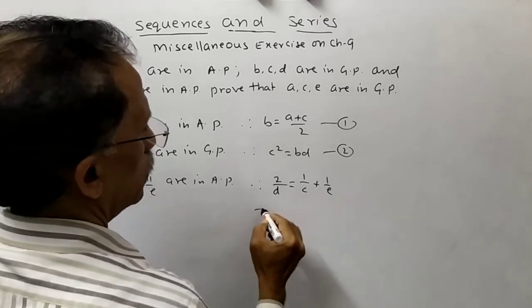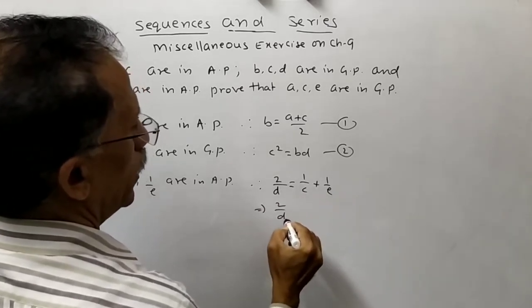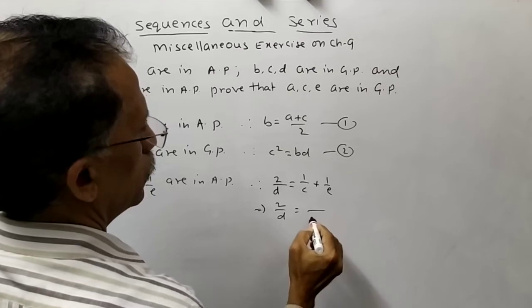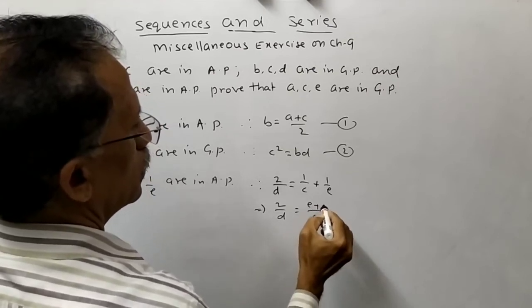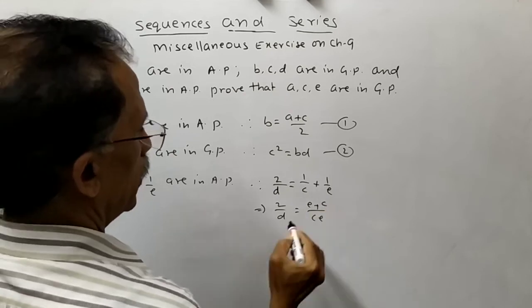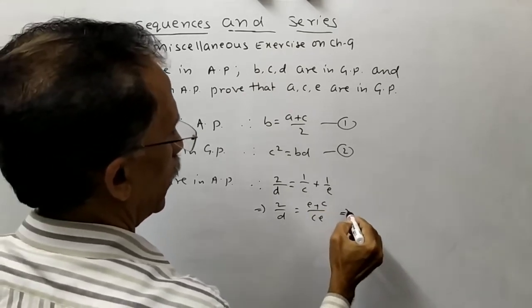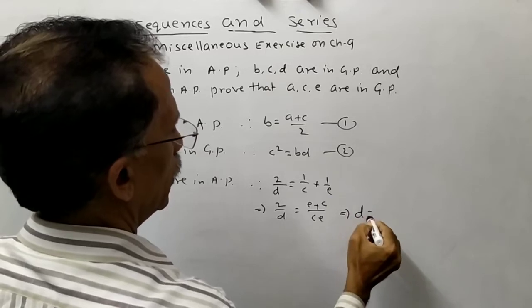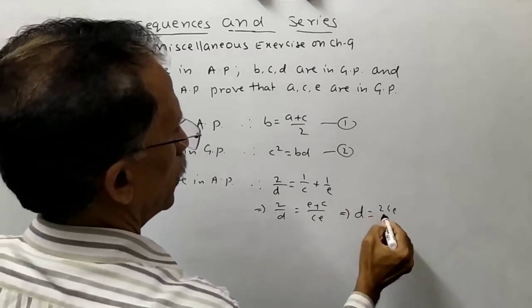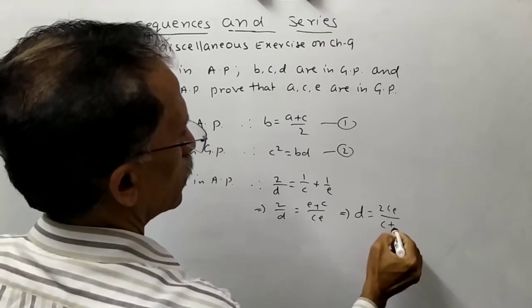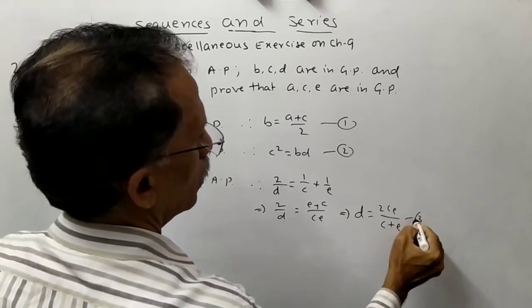This implies 2 by D is equal to, C is the LCM, (E plus C) by CE, implies D is equal to 2CE divided by (C plus E). Say number 3.